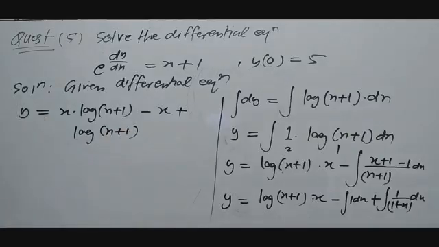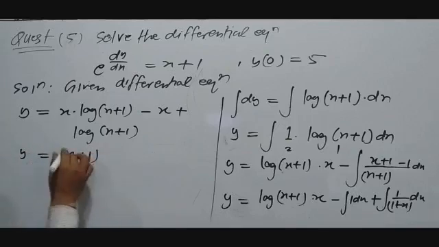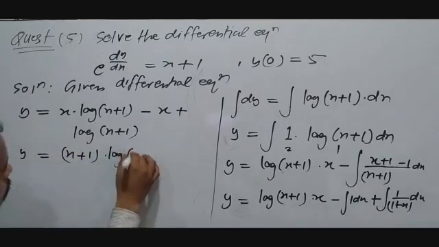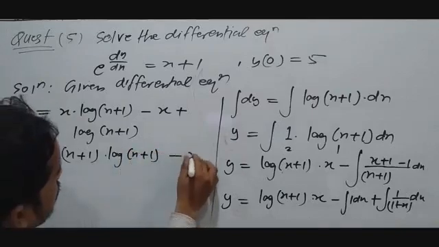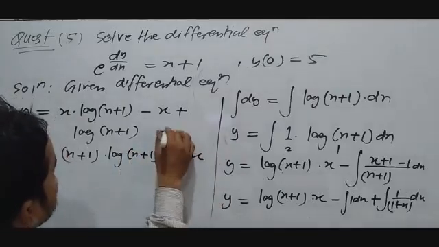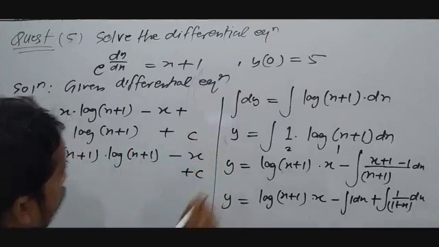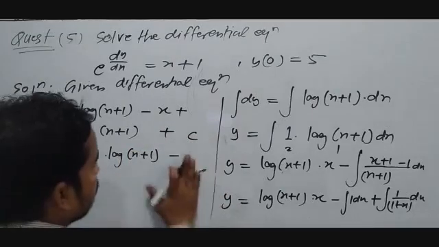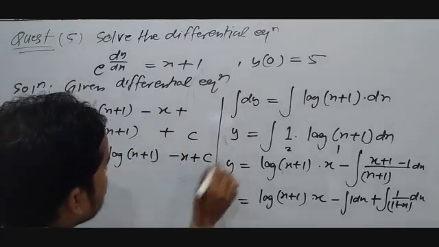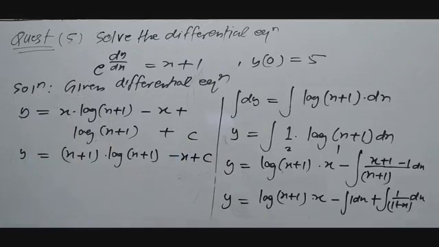Now again we have to simplify, log of x plus 1 is common in these terms. So the result will be y is equal to x plus 1 times log of x plus 1 minus x, and now plus c. Again plus c is here.